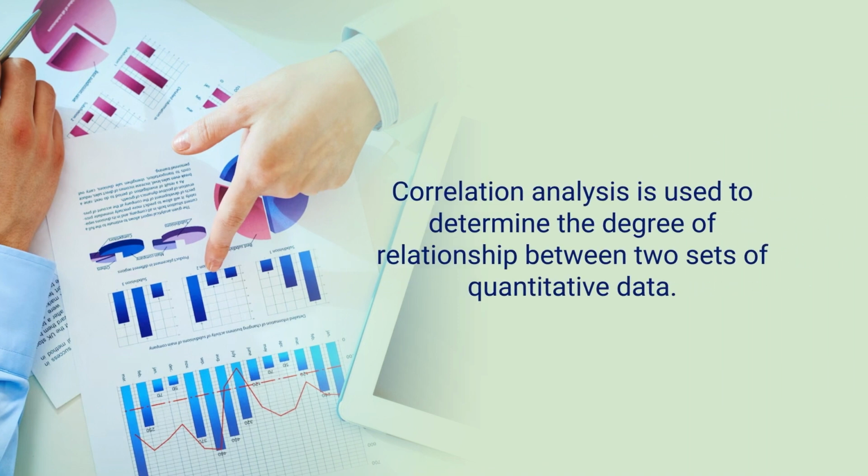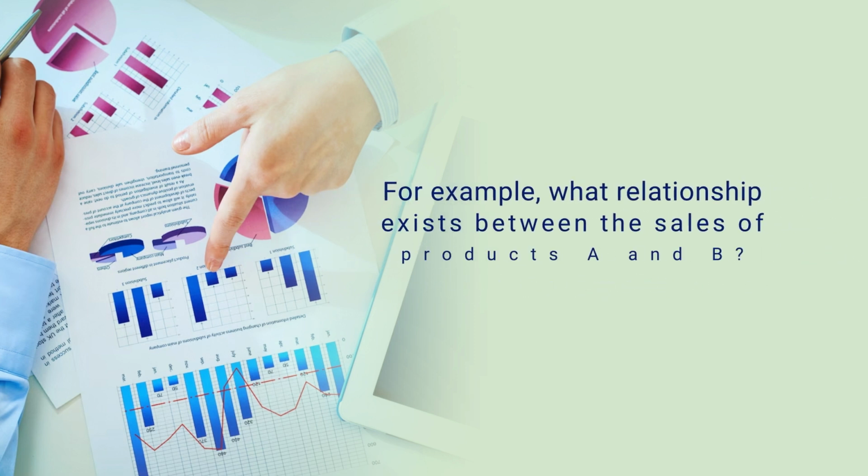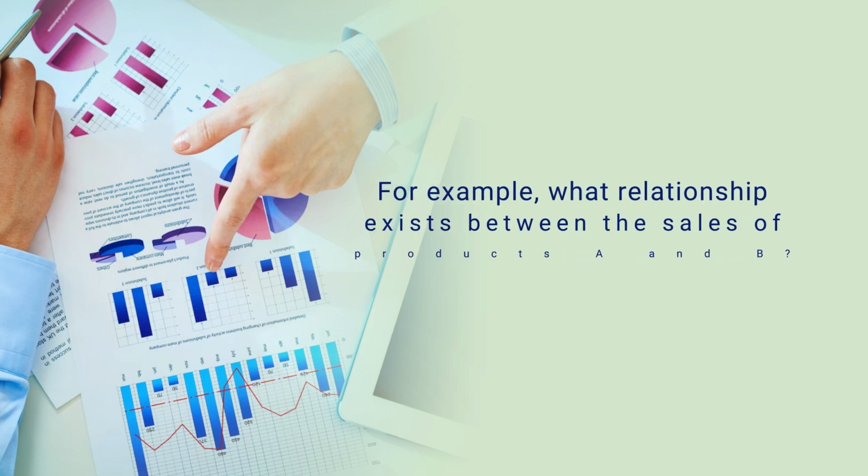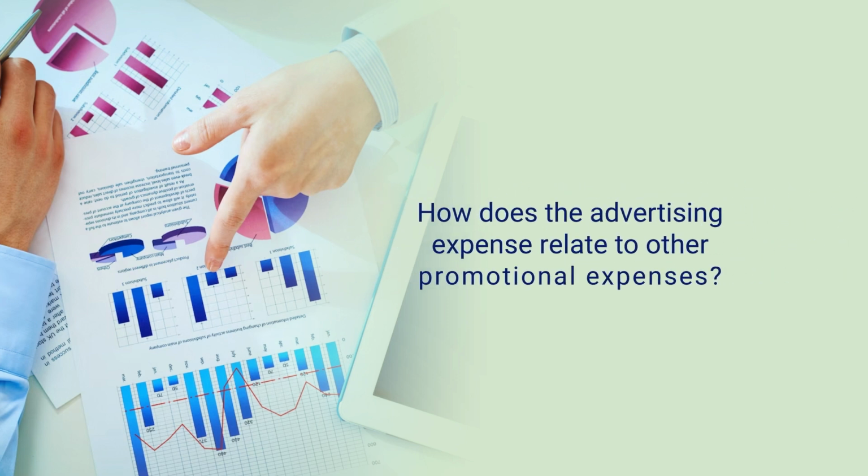So, correlation analysis is used to determine the degree of relationship between two sets of data. For example, what relationship exists between the sales of product A and product B, or how do advertising expenses relate to other promotional expenses?